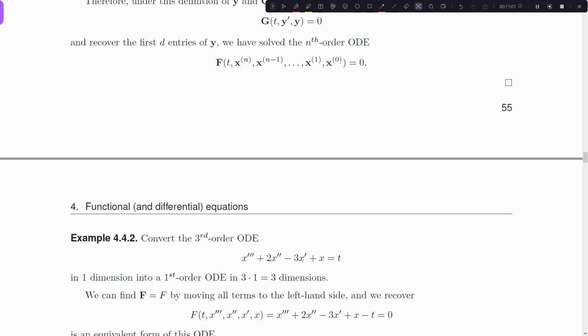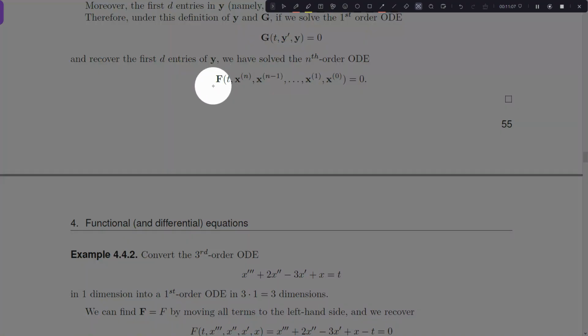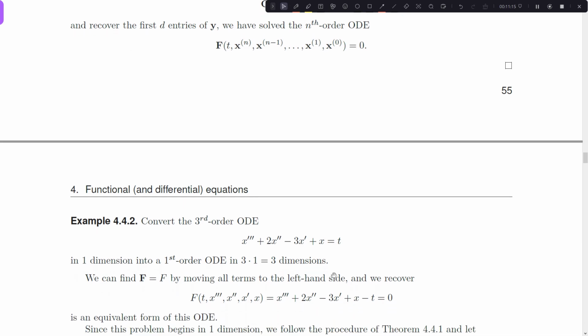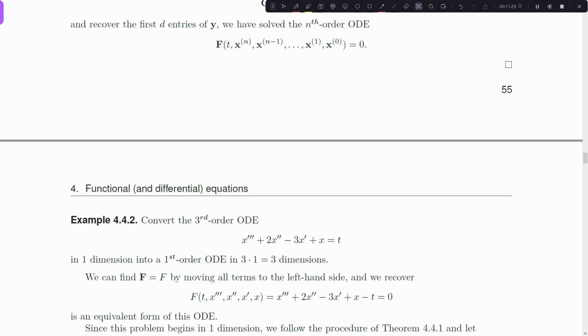And if I follow the process, what I want to do is first recover this capital F such that it's equal to 0. I'm just going to move everything to the left-hand side. So the t is going to come to the left-hand side, and that helps me define capital F. I've moved t to the left-hand side, and that's equal to 0. And I notice that this is a function of t, x with 3 derivatives, x with 2 derivatives, x with 1 derivative, and x with 0 derivatives.